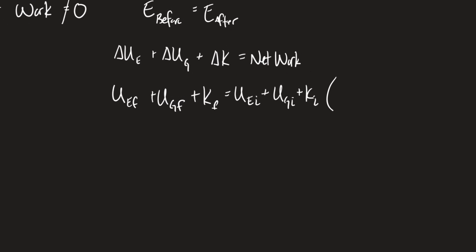Which means this would have the net work here. If the net work is positive, then the object has more energy afterwards than before. If the net work is negative, then the object has less energy than it had before. So if friction does net work, you've probably got less energy afterwards than you had before.